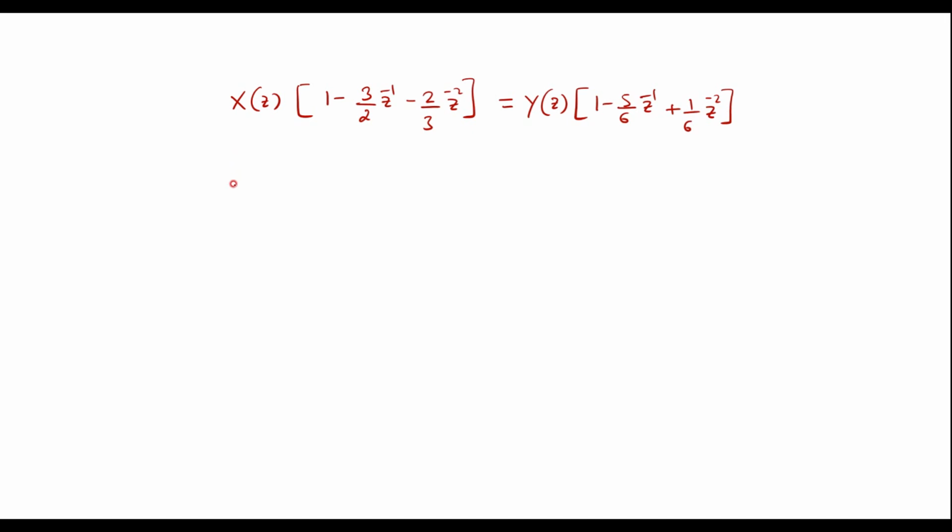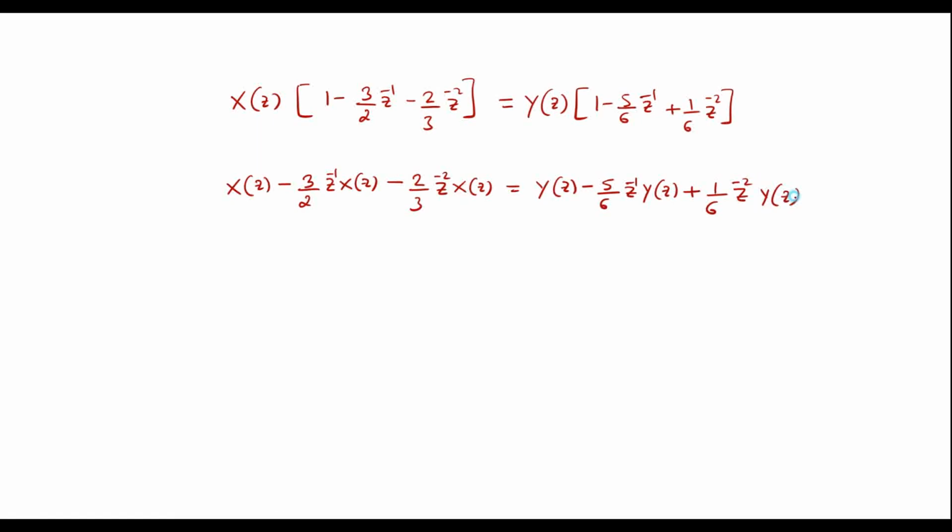Or I can represent it as X of z plus 3 by 2 z inverse X of z minus 2 by 3 z power minus 2 X of z equal to Y of z minus 5 by 6 z inverse Y of z plus 1 over 6 z power minus 2 Y of z.